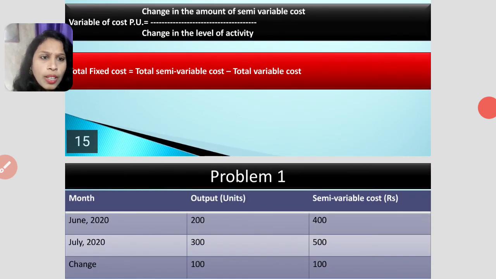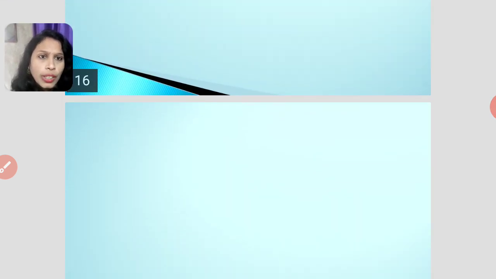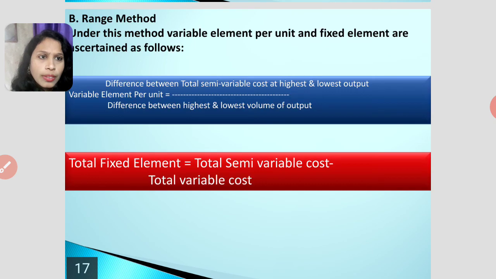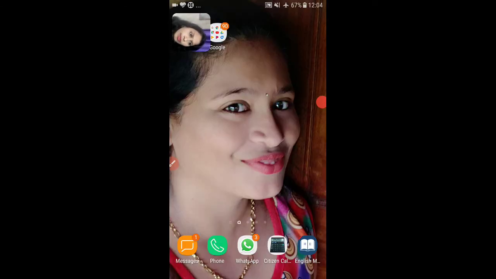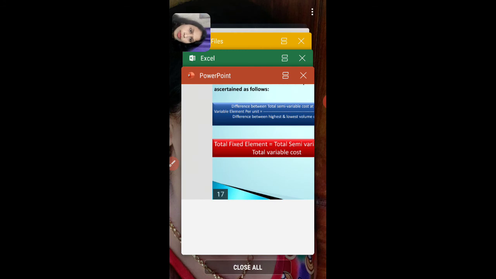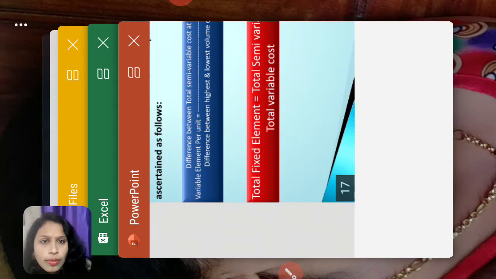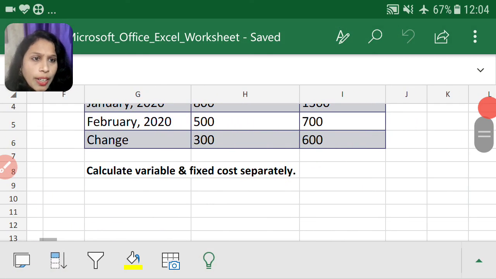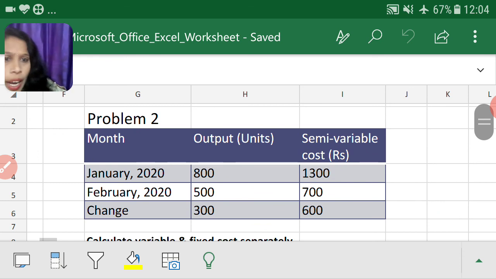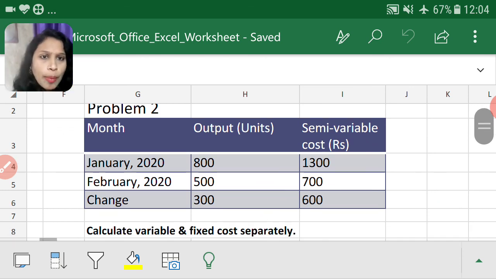So second problem, you have to solve it. Write down this problem and solve the same kind of problem.